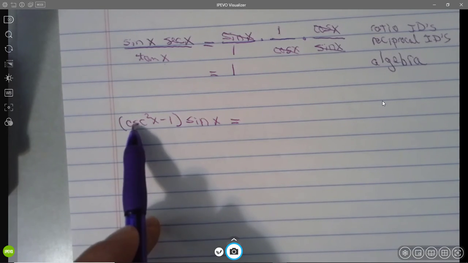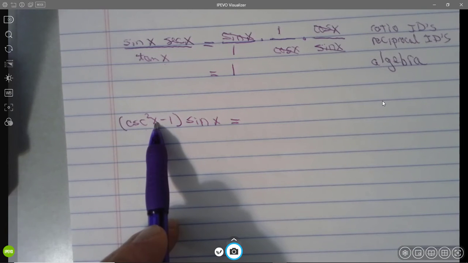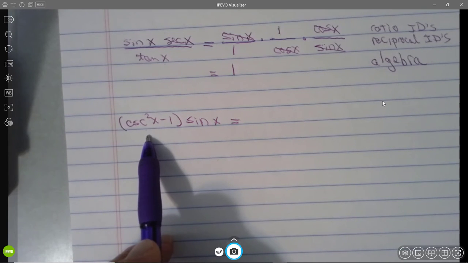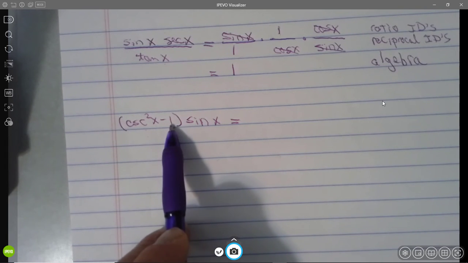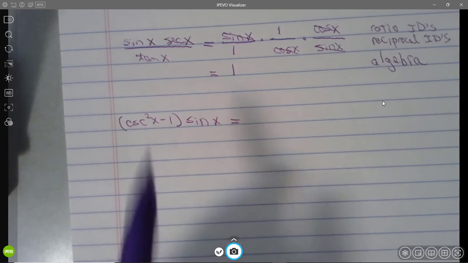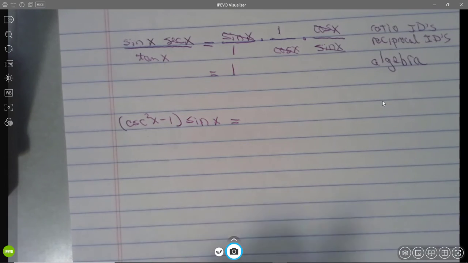So cosecant squared x is 1 over sine squared. So that would be an option here. And it might be a good one, but keep in mind that there isn't a real easy way to put these together into a single term, unless we can use one of our Pythagorean identities. So let's take a look at that.